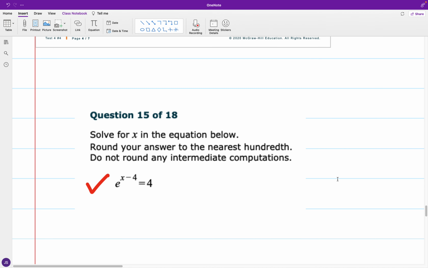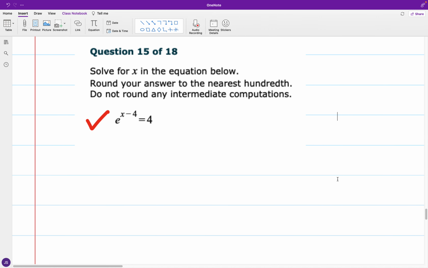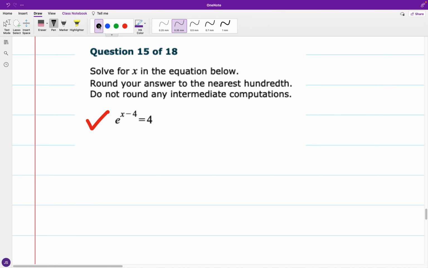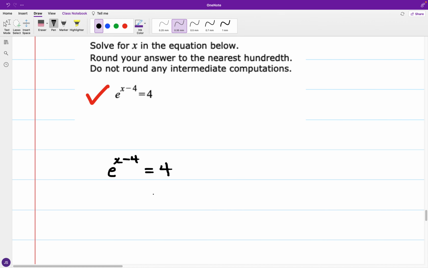We're looking at solving e raised to the x minus 4 is equal to 4, and in this case we have the variable x on one side of the equation. So e to the x minus 4 is equal to 4, and I can apply on both sides of the equation the logarithmic base that matches the exponential. In this case we have a base e, or natural logarithm.